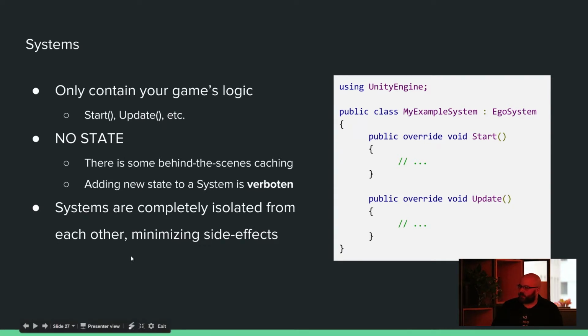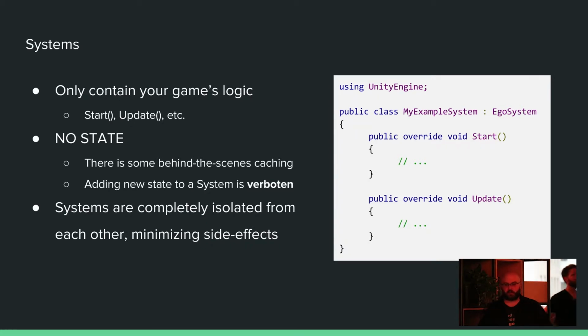Okay, one thing about systems as well is they are completely isolating each other, minimizing side effects. So for example, let's say I have 3 systems. One's for player input, one's for player movement, and one's for player animation. So the player input will grab the controller values and then take those and put those into the relevant component. And the player movement system will take over because the player input system was done updating. So we'll move it along our pipeline. We'll get to the player movement system.